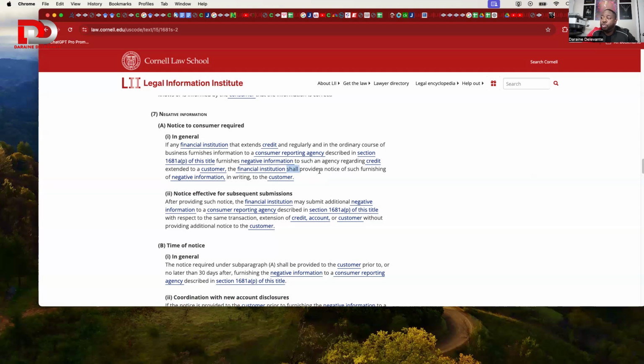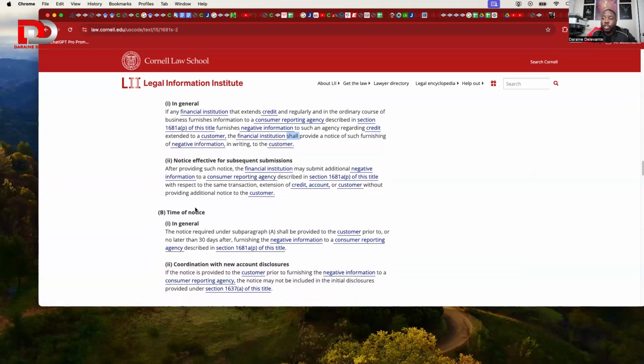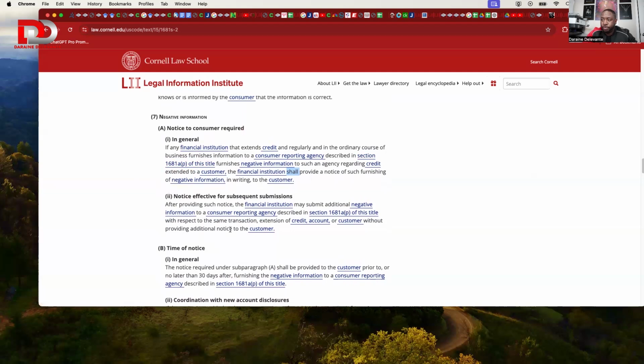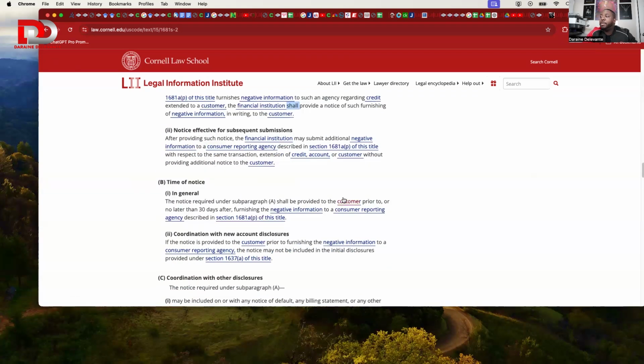That means they must provide a notice of such furnishing of negative information in writing. And when you go to the time of the notice, it says that the notice required under subparagraph A, this is paragraph A, guys, shall be provided to the consumer prior to or no later than 30 days after furnishing the negative information.